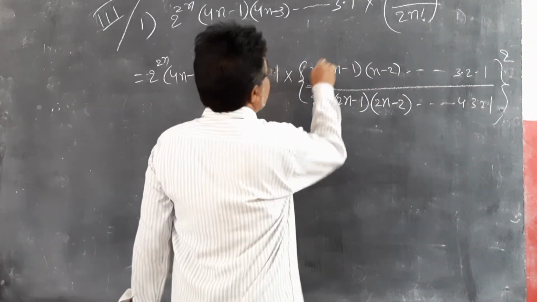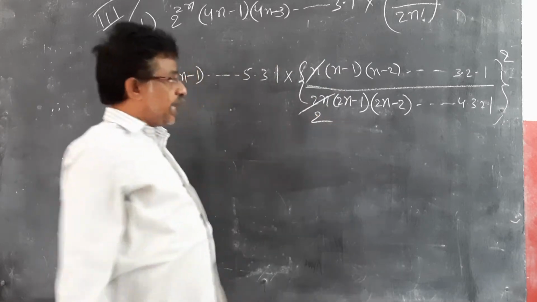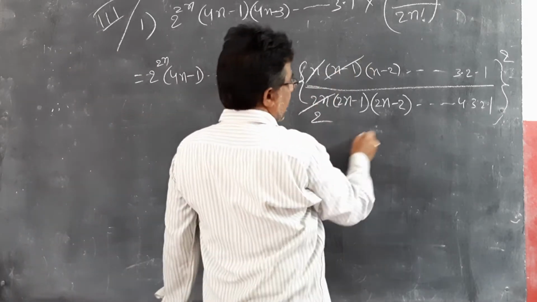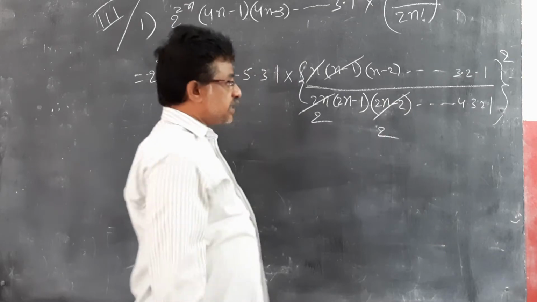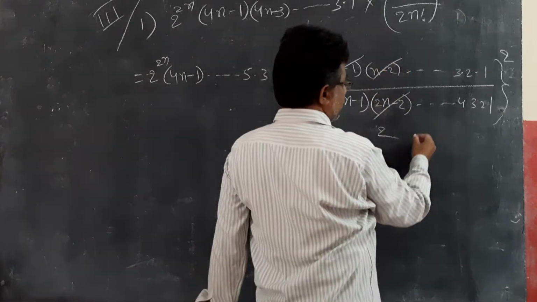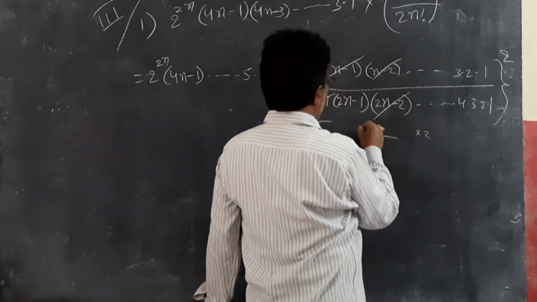Now n gets cancelled for 2 times in 2n, n minus 1 in 2n minus 2 for 2 times, n minus 2 in 2n minus 4 for 2 times.